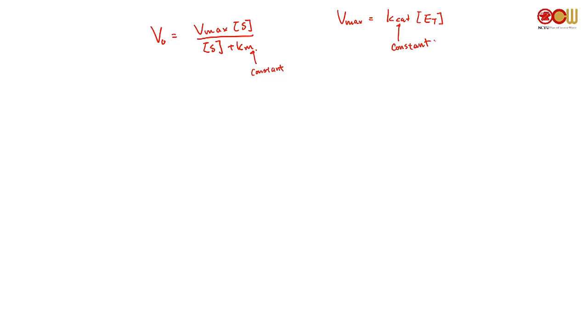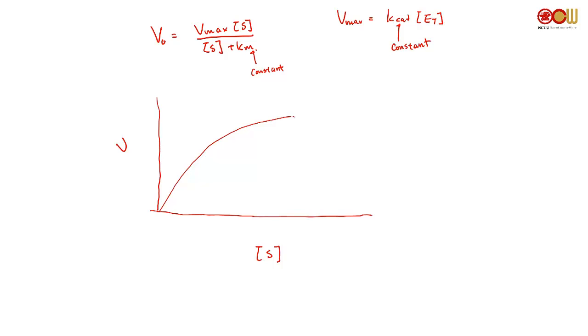Now, what do you have? This curve, generally speaking, as a function of substrate, here we have V, which is rate. It's going to look something like this, where this is Vmax.